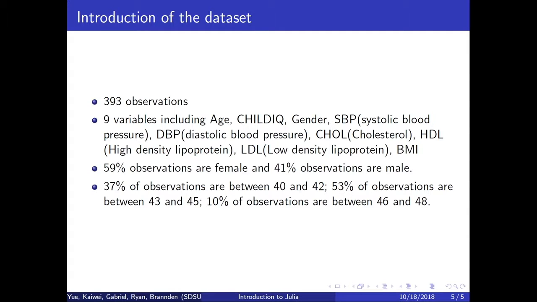There are 393 observations and 9 variables, including age, children, IQ, gender, systolic blood pressure, diastolic blood pressure, cholesterol, high density lipoprotein, low density lipoprotein, and BMI. 59% of observations are female and 41% of observations are male. 7% of observations are between 40 and 42, 53% are between 43 and 45, and 10% of observations are between 46 and 48.